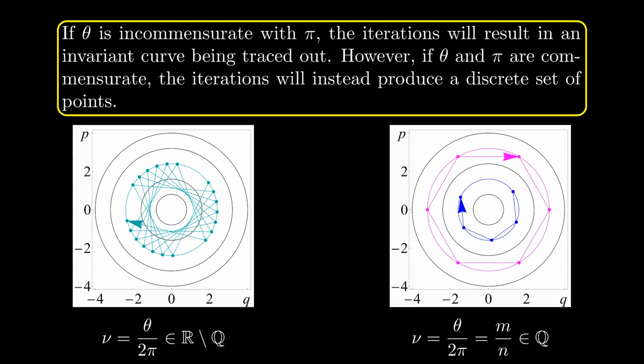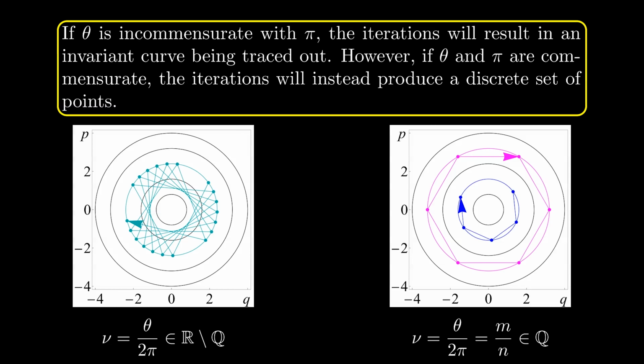In contrast, if theta and pi are commensurate, meaning the ratio is a rational number, the iterations will produce a discrete set of points instead. These 2 cases correspond to the familiar examples of quasi-periodic and periodic orbits respectively. The ratio of theta over 2 pi is called the rotation number, or the linear betatron tune in accelerator physics.